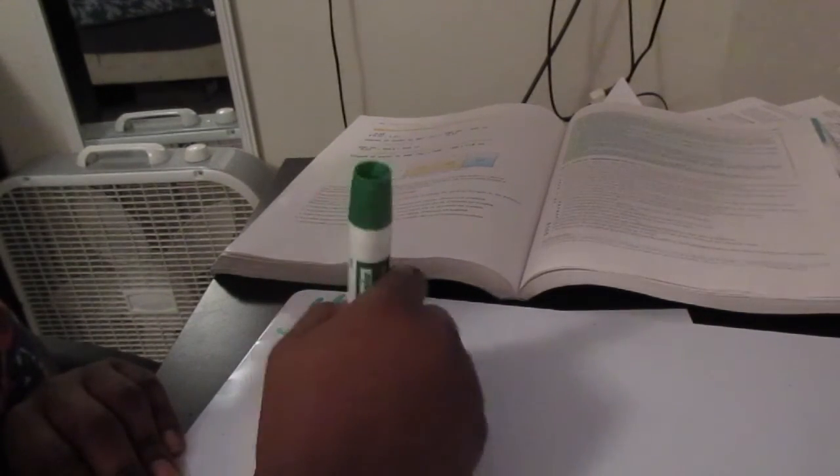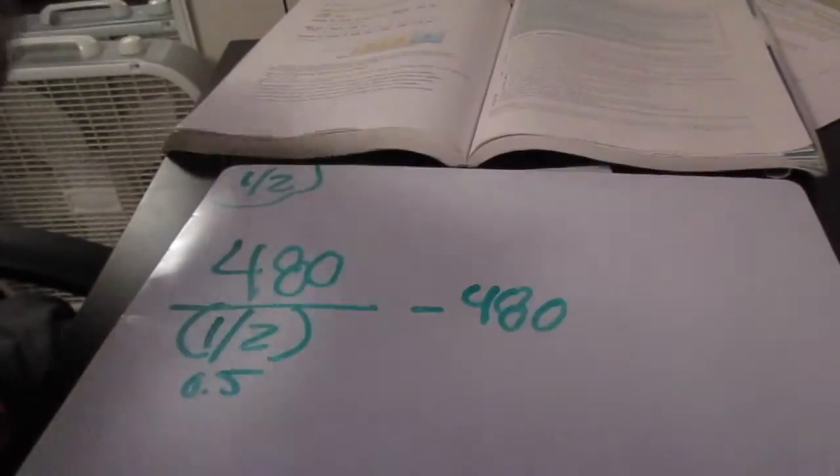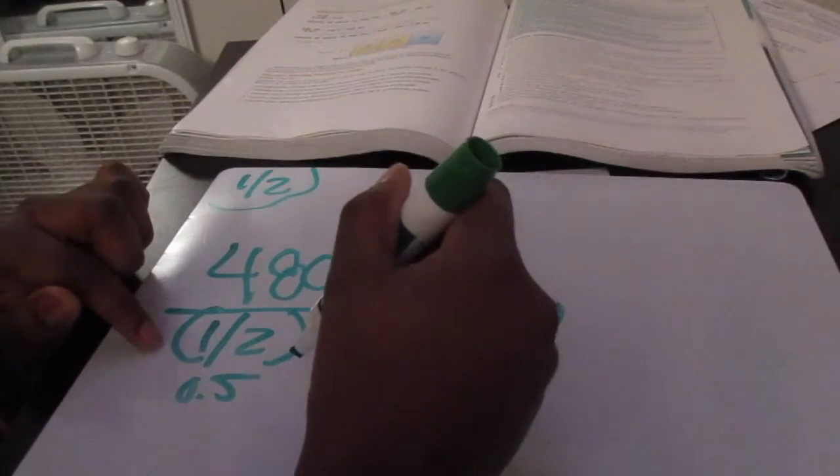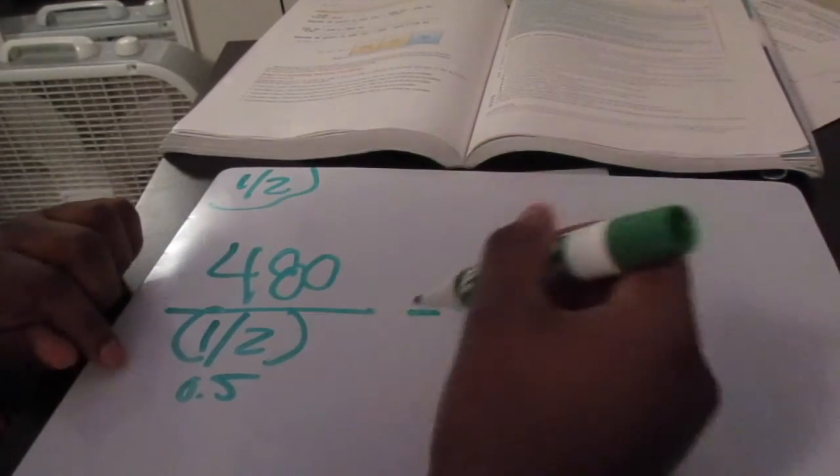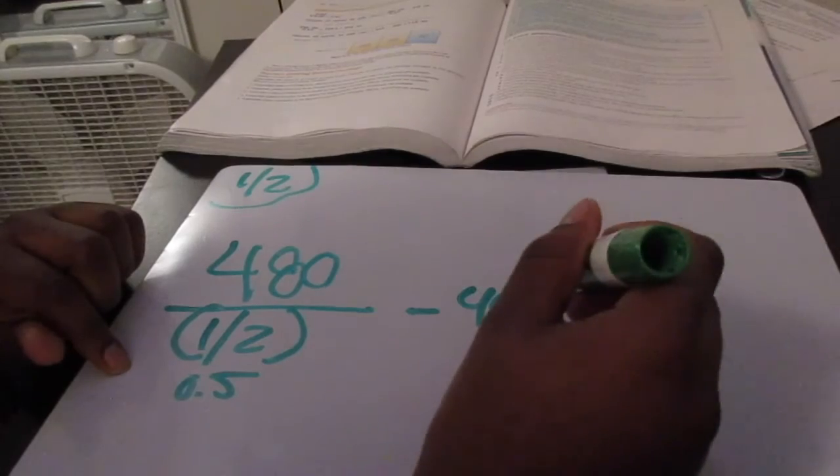So we do 480. See, I don't even write the milliliters. After a long time, you just do the numbers. 480 divided by 1/2, which is 0.5, minus the 480.